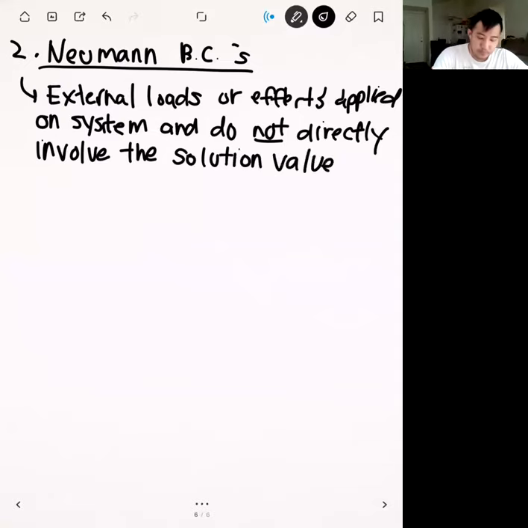Remember, for Dirichlet boundary conditions, we're thinking of things like specifying the displacement at a certain point. But for Neumann boundary conditions, we're thinking of things like forces and moments, things that are going to modify the displacements in our system, but don't directly specify them exactly. And so for the direct stiffness method, these will be things like forces and moments.